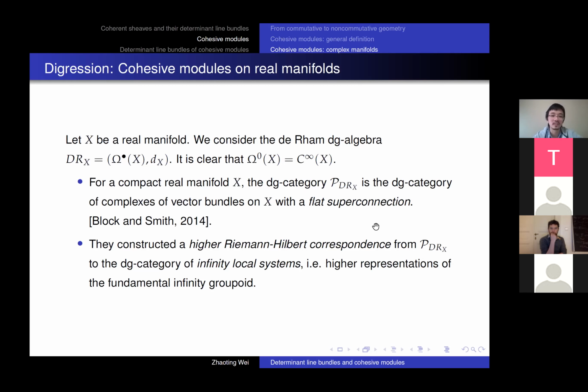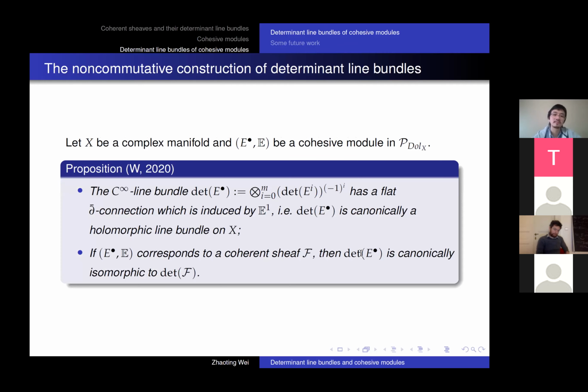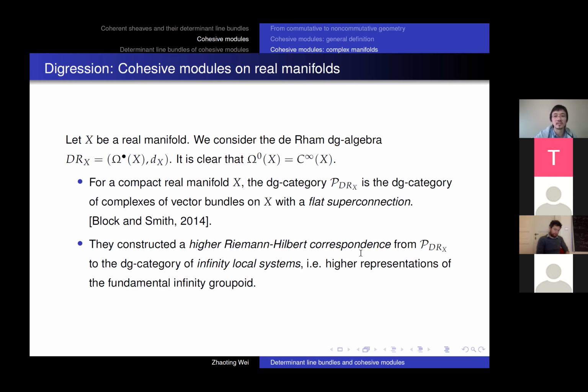And their result is vector bundles with flat super connection correspond to the higher representations of the infinity fundamental groupoid. That's a higher version of Riemann-Hilbert correspondence. Okay, so that's the second part of our talk.